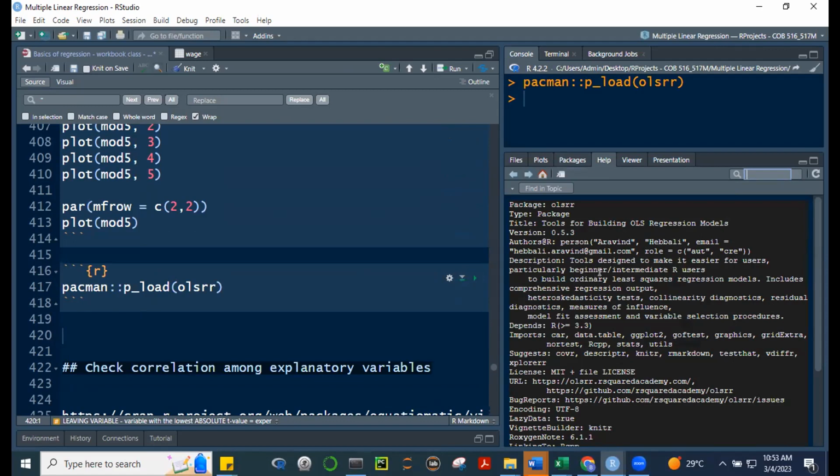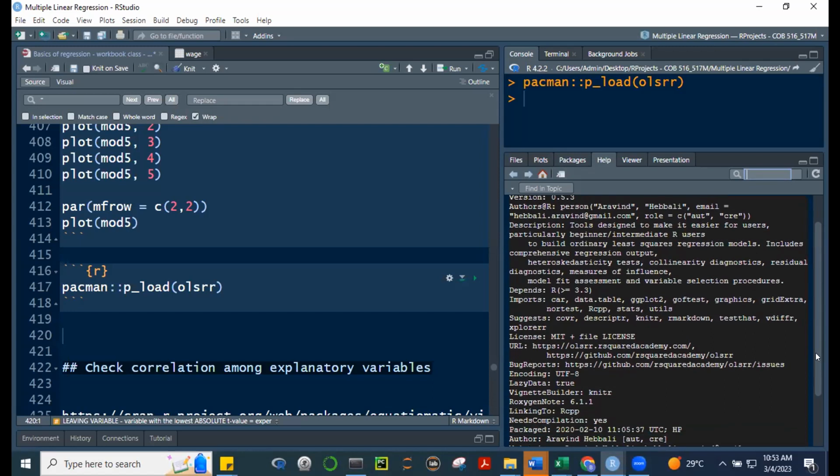So what's this for? Tools designed to make it easier for users, particularly beginners and intermediate, to build OLS regression models. Includes comprehensive regression output, heteroscedasticity tests, collinearity diagnostics, residual diagnostics. So almost everything we need is already here, class.